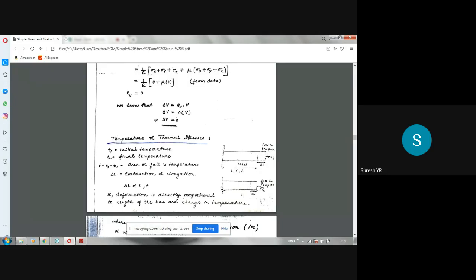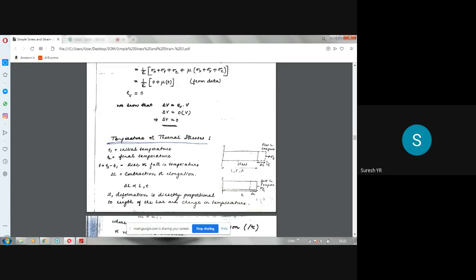Here one end is restrained, that is fixed, so there will not be any elongation on this side, but this is a free end. So elongation takes place at this end, and I have taken that elongated length as delta L, the increase in length. When there is a rise in temperature, tensile stress will develop because of elongation, sigma T.